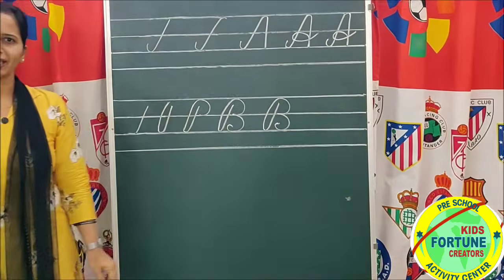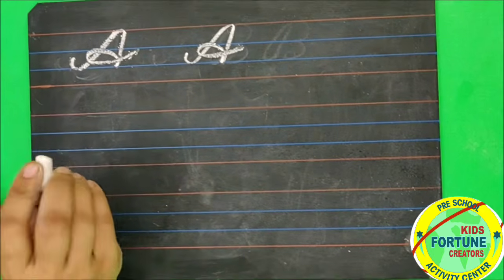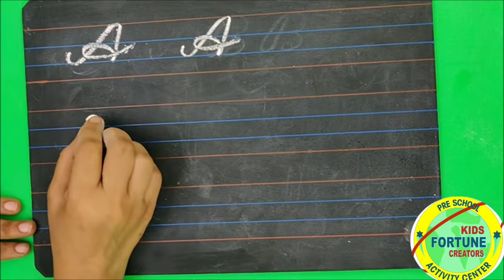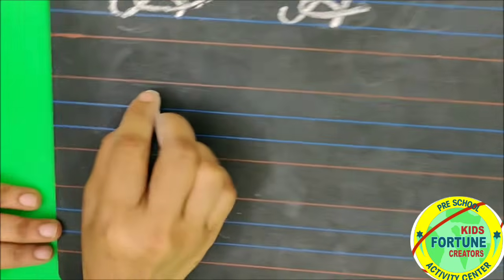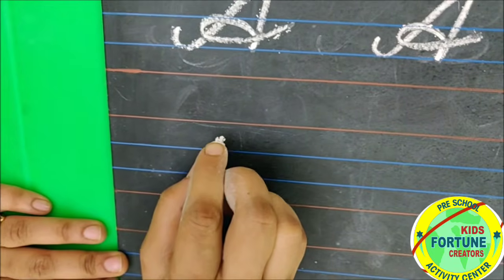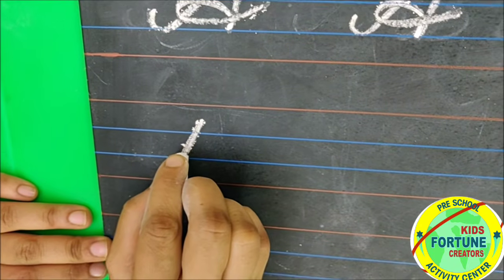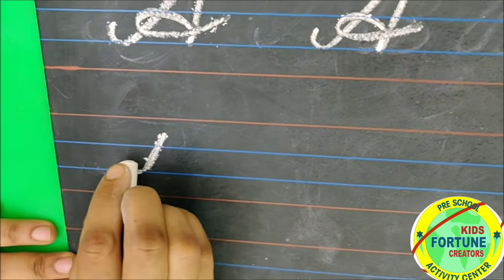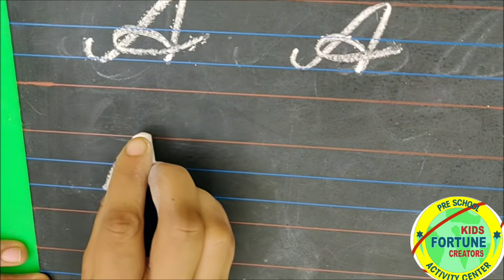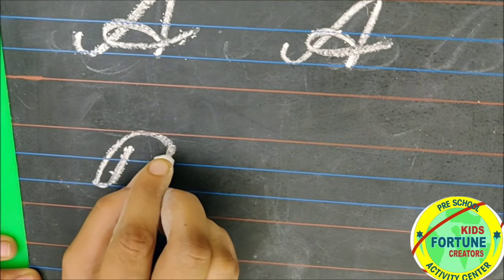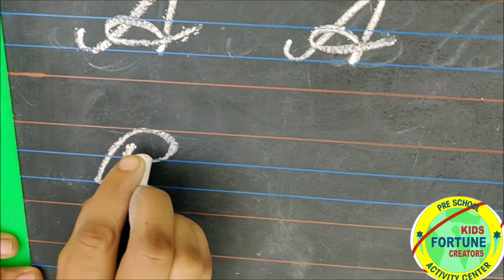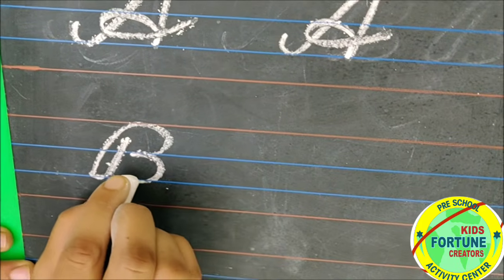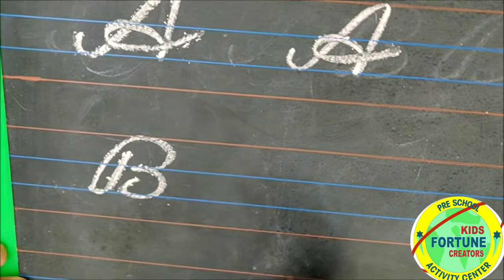So now we practice it on slate. Put your pencil point between first and second line. Come down with slant line, back loop, go up, draw first curve, again curve, turn it inside.